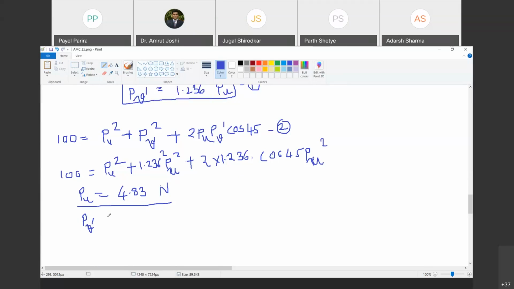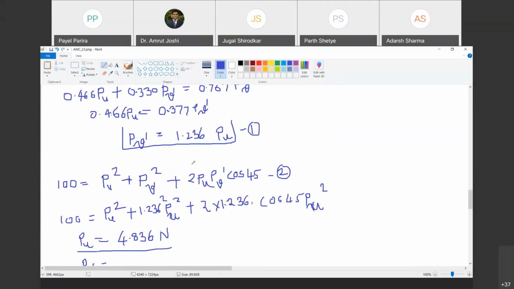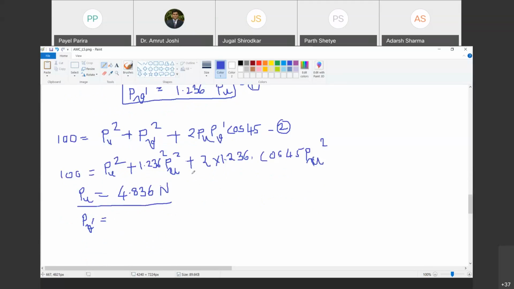No, it's 4.836. Cross verify, but I'm getting it as 4.836. And in that case, PV dash will be equal to 1.236 into the answer, 5.977. Has anyone got these values?